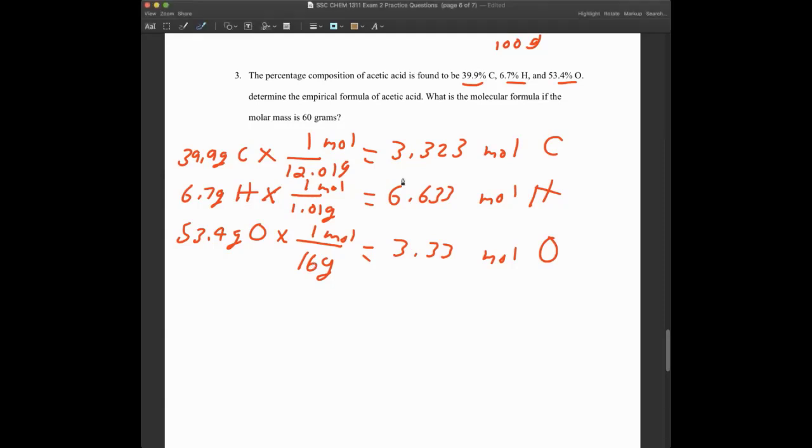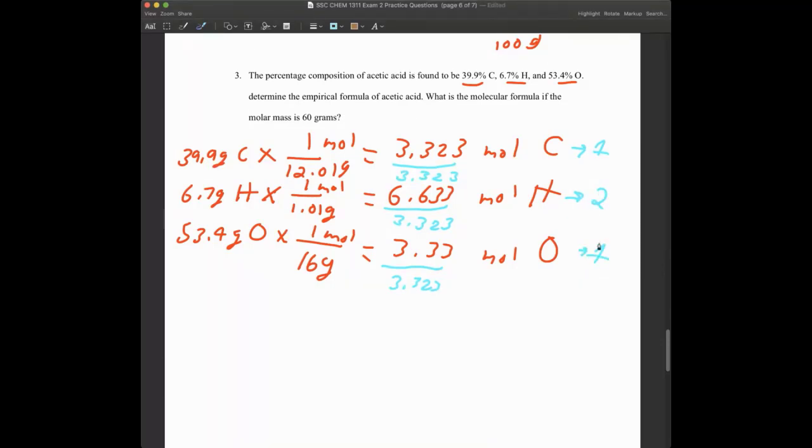The reason we divide by the smallest number is that in an empirical formula, we want to find the smallest whole number ratio, because that's what an empirical formula is. We do that by making these numbers clean by dividing by the smallest number. So when I divide this, I get C is 1, H is going to be 2, and O is going to be 1.